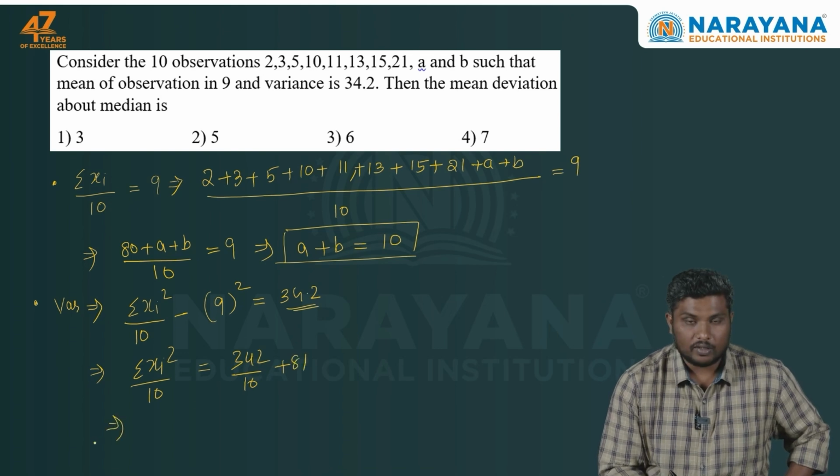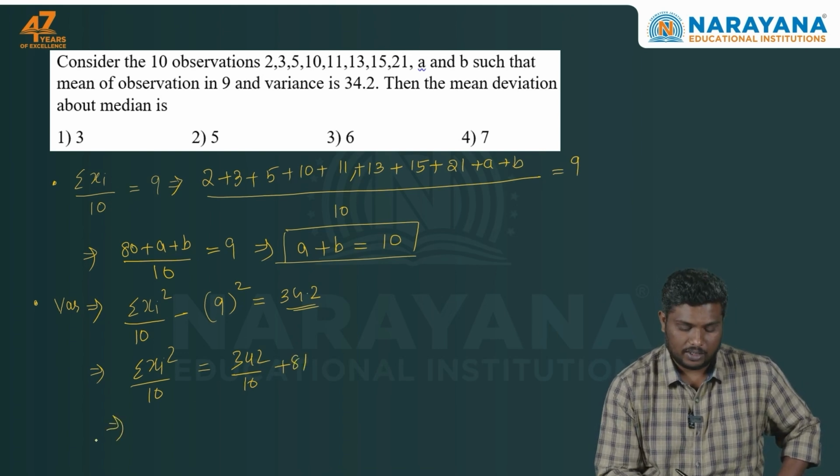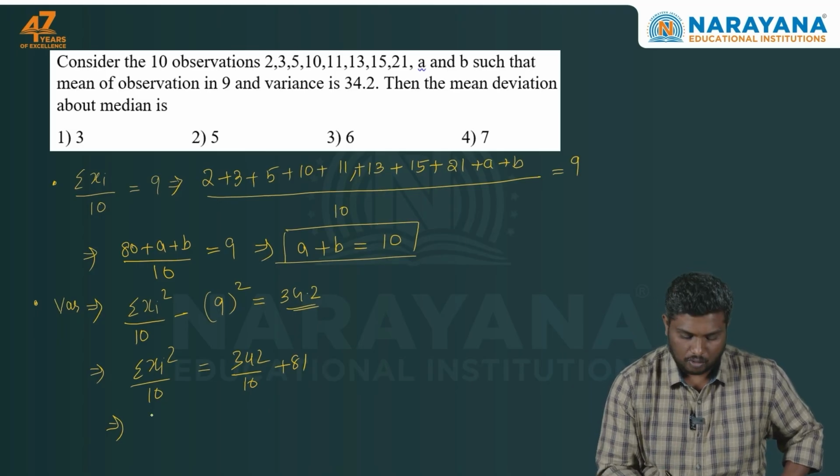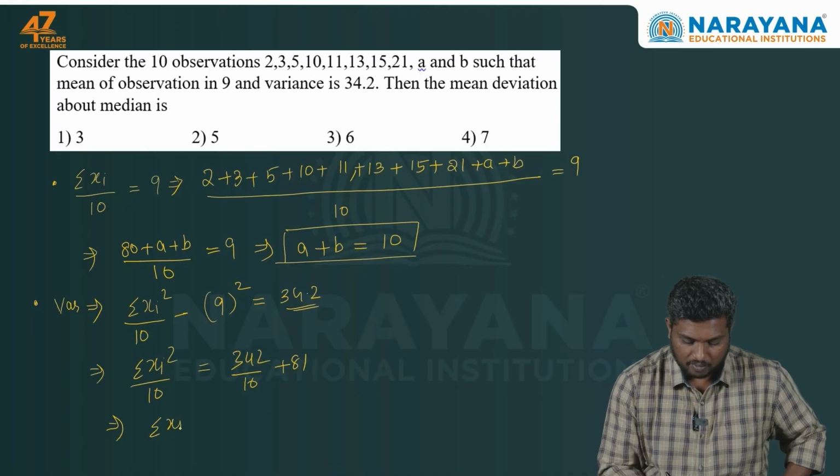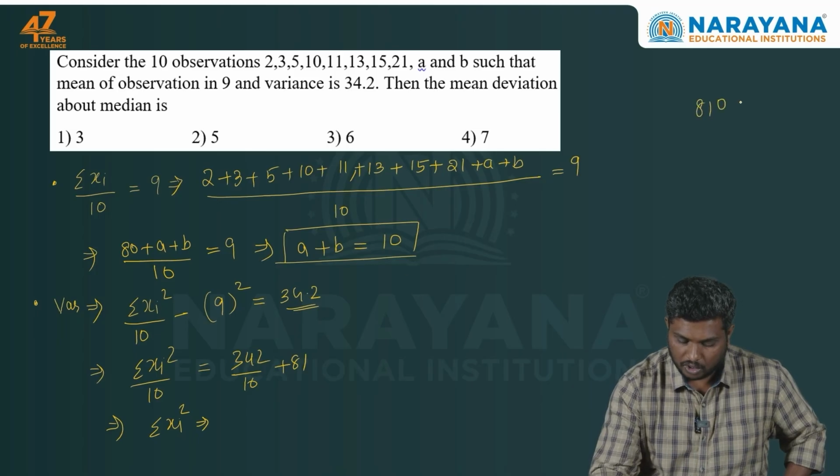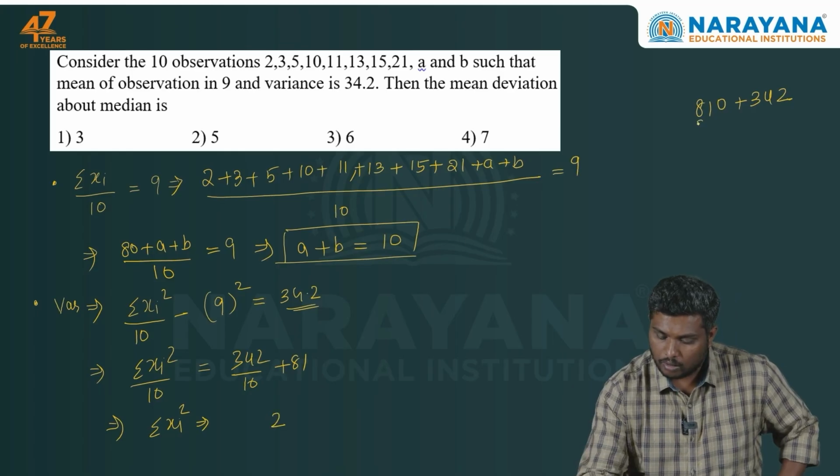Upon simplifying, you basically have to find sigma xi square, which is 2 square, 3 square, 5 square, and so on. Sigma xi square equals 810 plus 342, which is 1152.